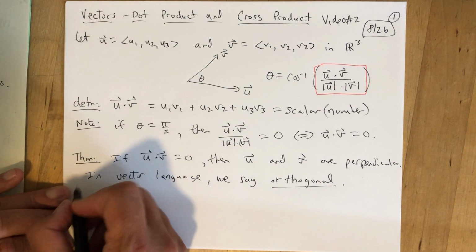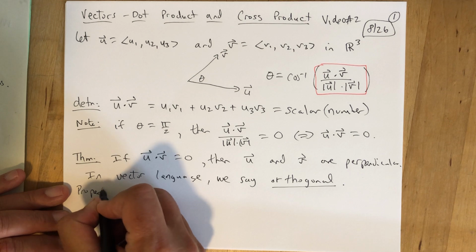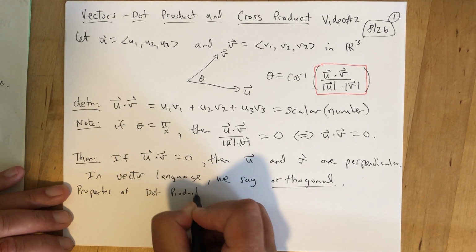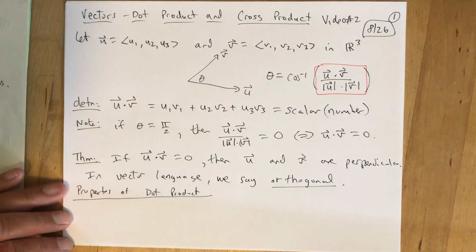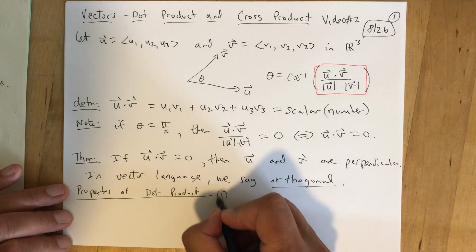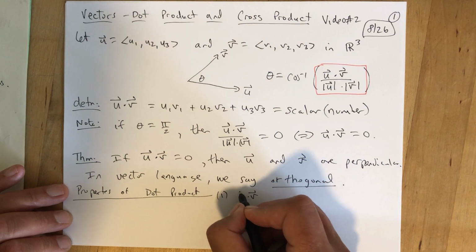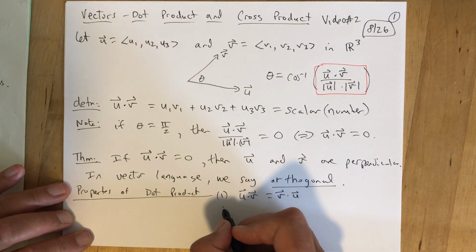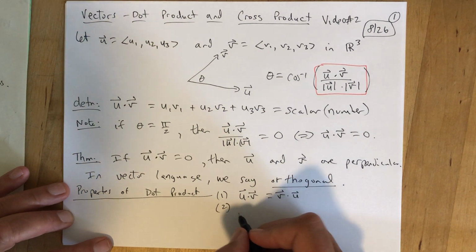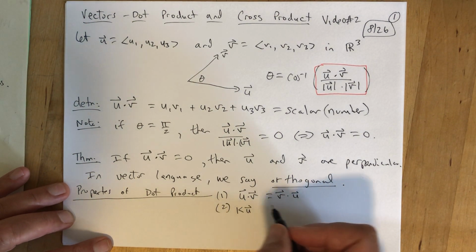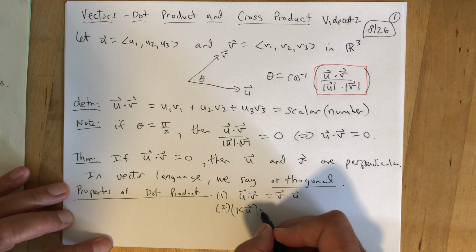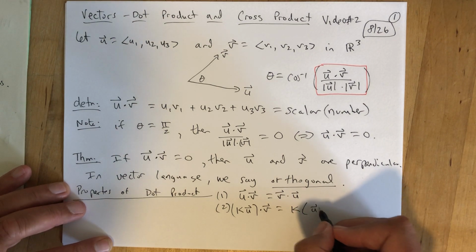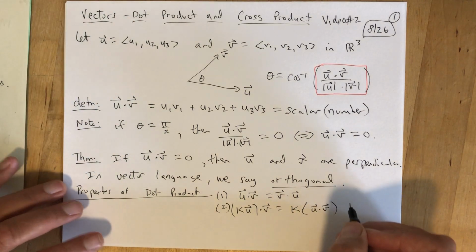And so the properties of the dot product. 1, u dot v equals v dot u, commutative. 2, if I have some constant k and I multiply it by the vector u and then dot that with v, that's the same as k times the dot product of u dotted with v.